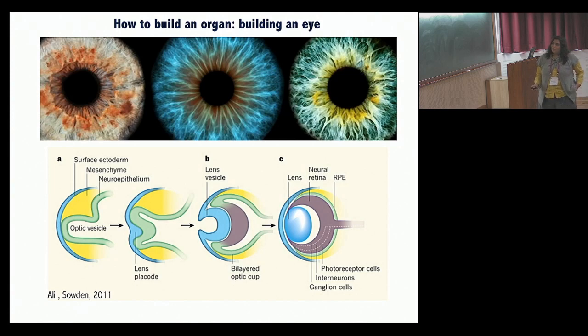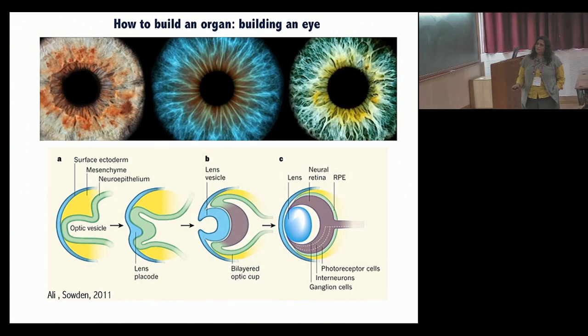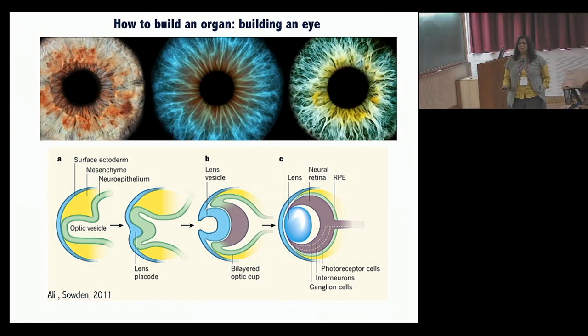So what you will also see is that this outpouching makes contact with a monolayer of cells called the surface ectoderm. And studies in mouse models have told us that the interaction between this outpouching and this blue surface ectoderm are actually necessary to drive the further morphogenetic changes that accompany the development of the eye, right?